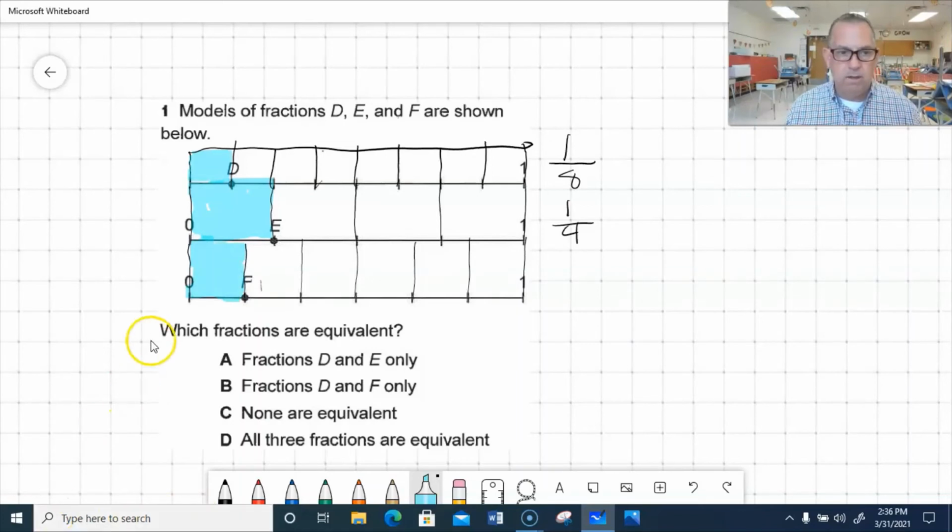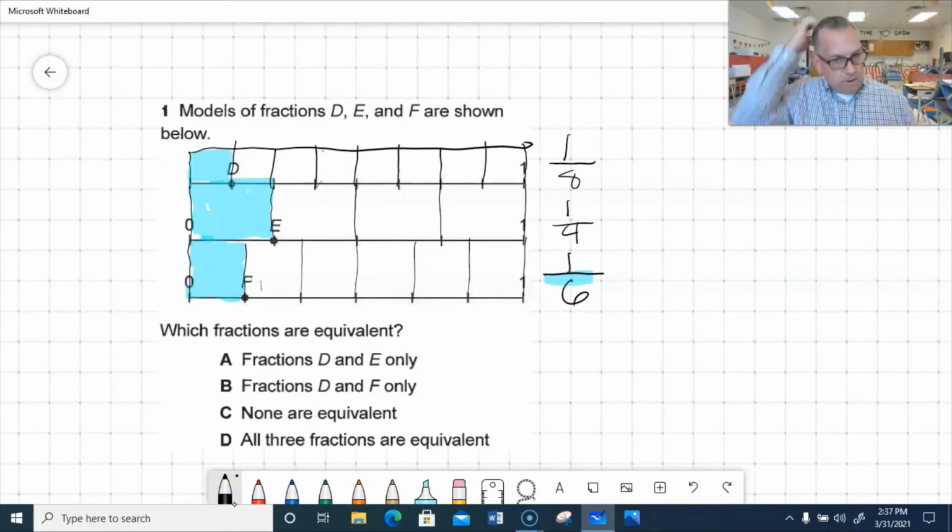And that looks like 1, 2, 3, 4, 5, 6 equal parts. So the denominator would be 6. And I have 1 shaded in, so that'd be 1/6.